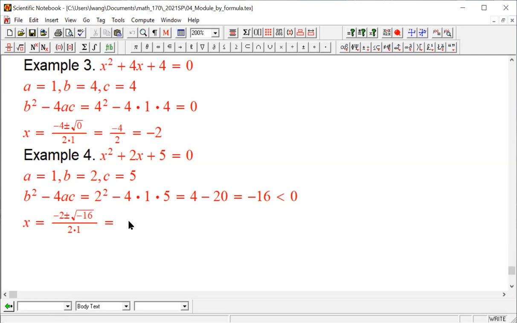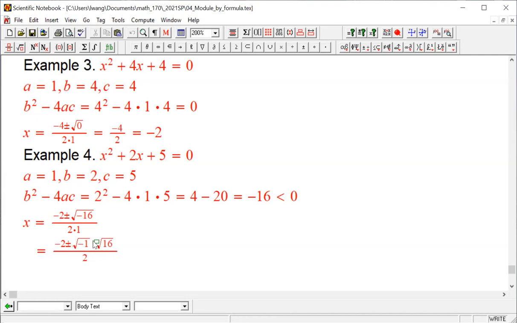We know this is going to get us a complex number, right? So let's continue this process. We have negative 2 here, plus minus, and over here we're going to write it as the square root of negative 1 multiplied by the square root of 16.